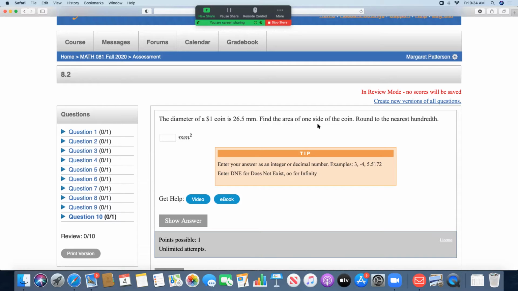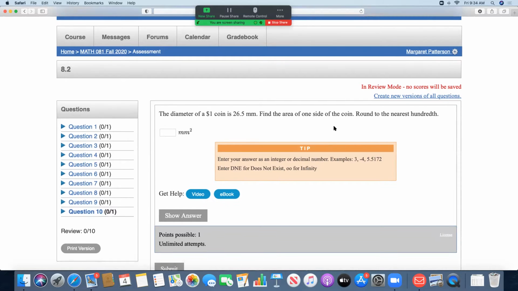So the diameter is 26.5. The area is pi r squared. Right? Remember, what they mean by one side, since a coin is two-sided, they only want you to find one circle.